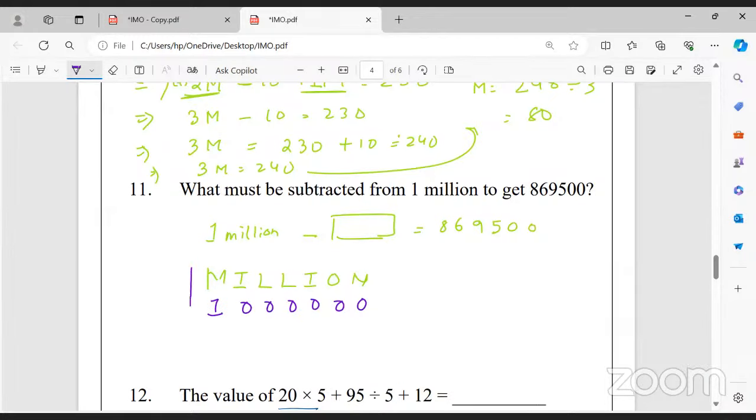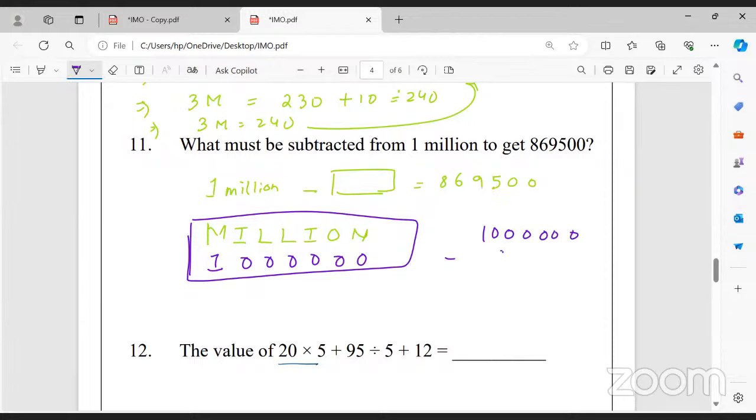Easy, right? It's a trick to remember. Million. So I'll do 1, 2, 3, 4, 5, 6 minus 869500. Please find the difference. Yeah, what is the difference? Tell me that as well.